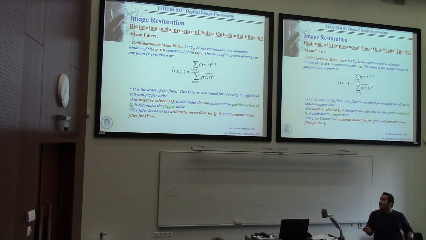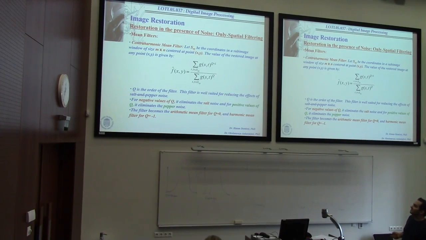The last type of the mean filter is the counterharmonic mean filter. We can use this equation to restore the image, and it has more effect on the image that has the salt and pepper noise.